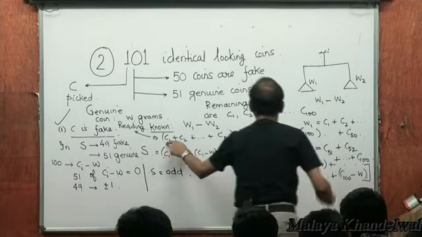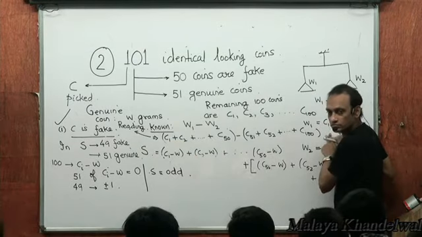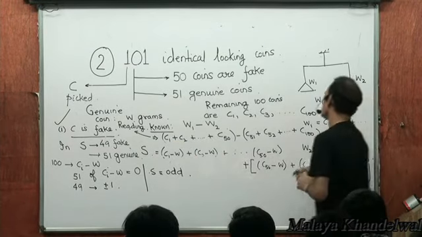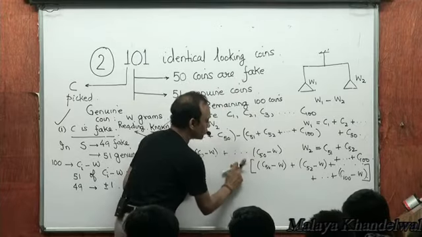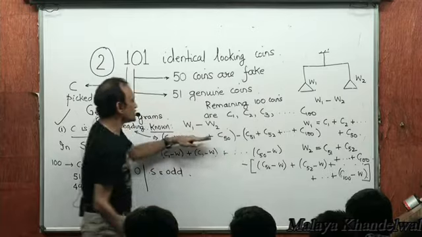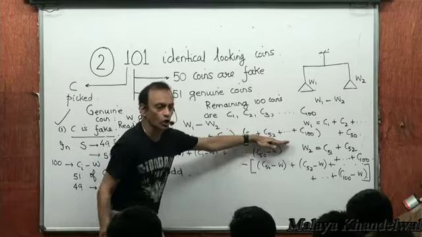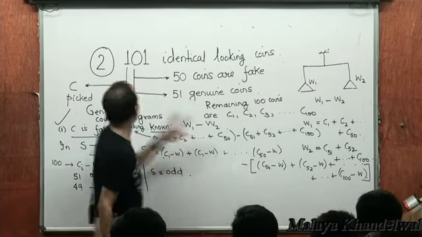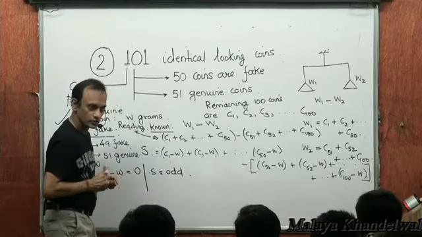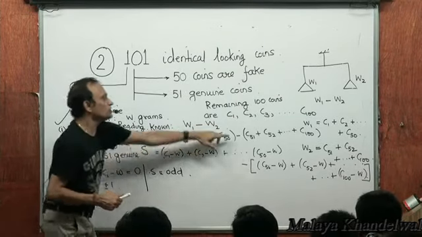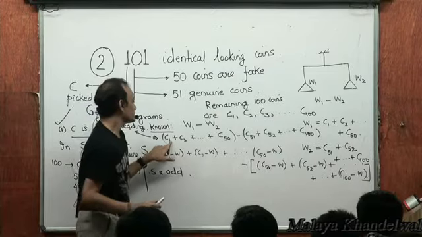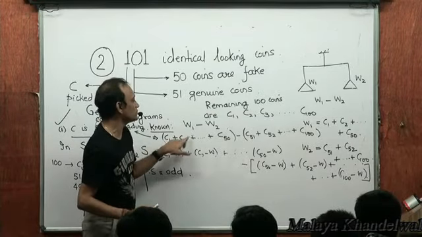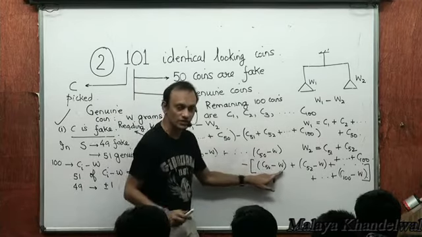See, we knew the parity of this, right? That means originally we started with this. So this told me whether this was even or odd. Cis were the weights of the coins that I have chosen, 100 coins to the exclusion of this, right? Now this difference could have been written Ci minus W plus C2 minus W plus up to C50 minus W, do you understand this?